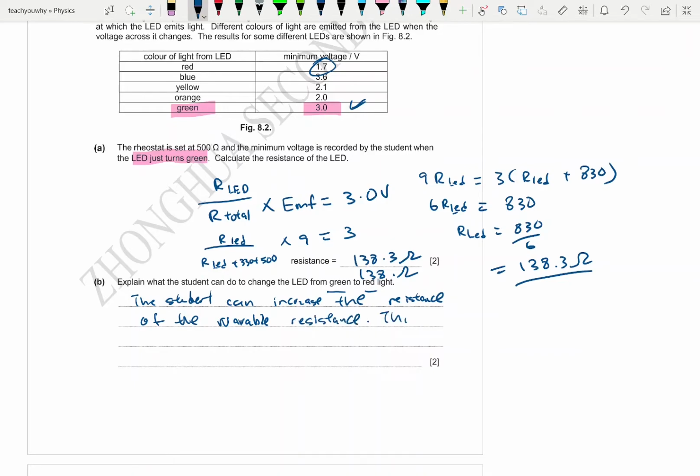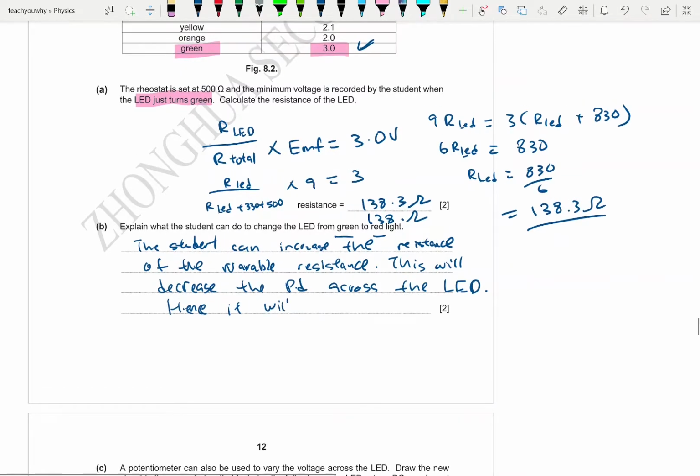This will decrease the PD across the LED. Hence it will produce red light.